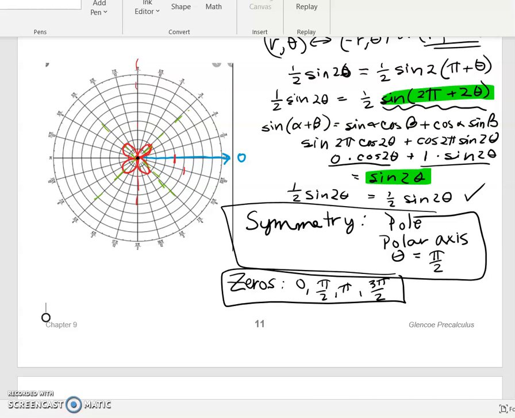And then our max values, we're at 1/2. All right, that is all, and we're going to have some practice here in just a little bit.